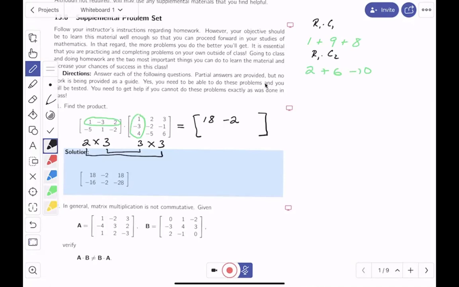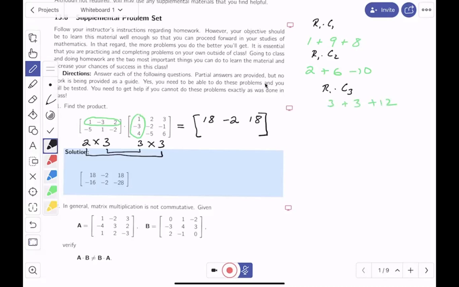Now we're going to do row 1 times column 3. So that's going to be 3, plus 3, plus 12. What's it going to give you? It's going to give you 18. We'll check these answers later.